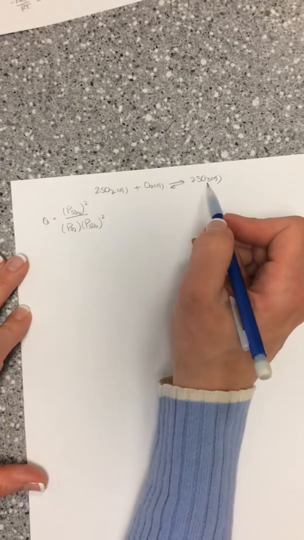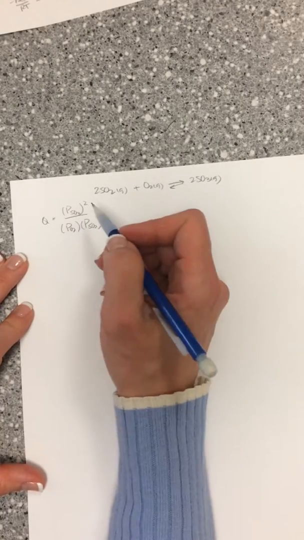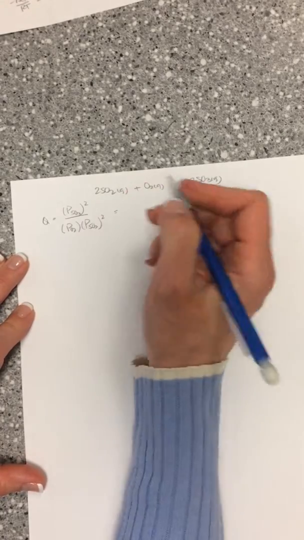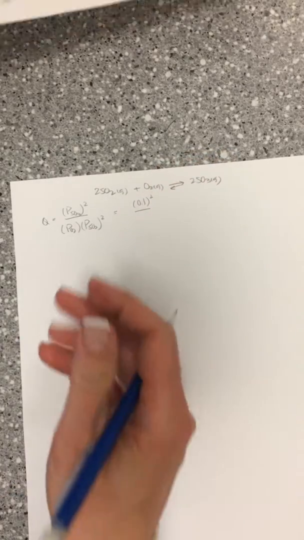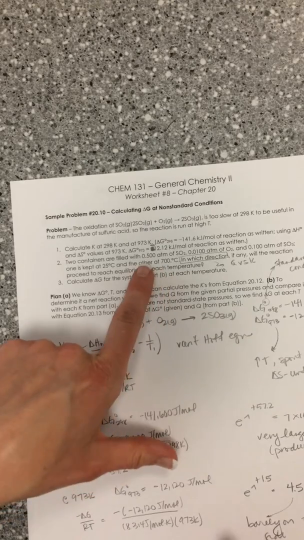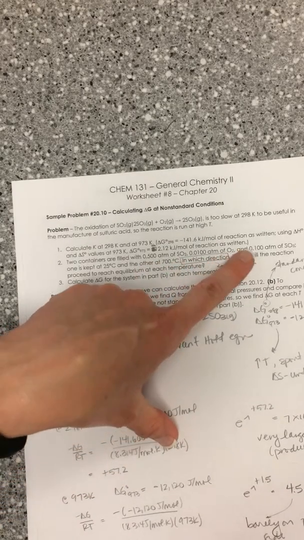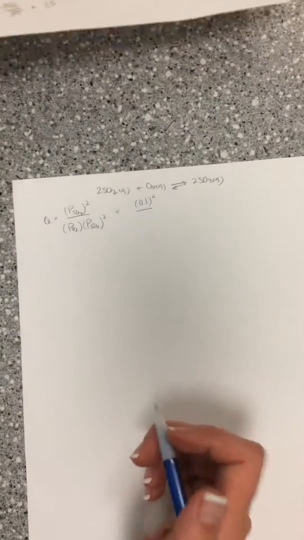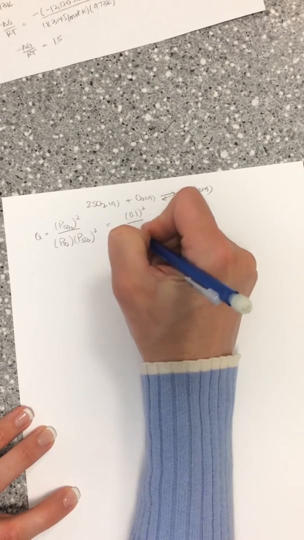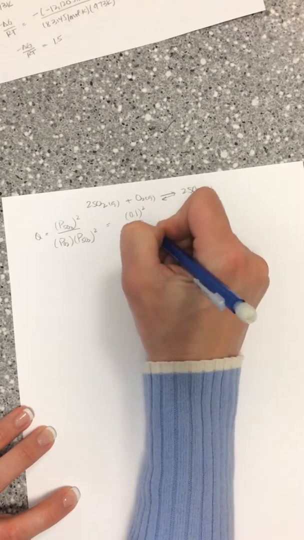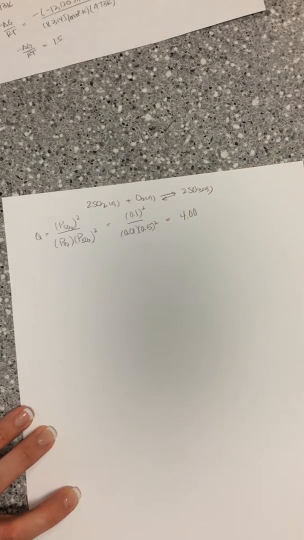Just, again, a standard way of taking this equilibrium equation and writing an equilibrium expression. Putting in the values that they provided for us, 0.5 atmosphere SO2, 0.01 atmosphere O2, 0.1 atmosphere of SO3. So again, I'm going to put these values in here. I get a Q equal to 4.00.